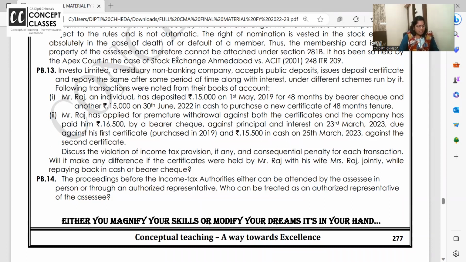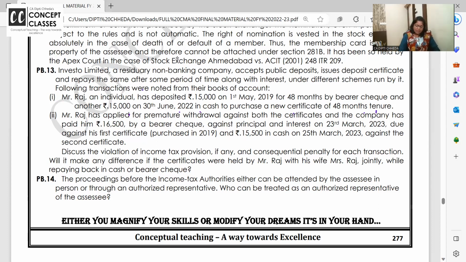Raj, an individual, has deposited 15,000 on 1st May for 48 months by bearer cheque, and another 15,000 on 30th June 22 in cash to purchase a new certificate of 48,000.